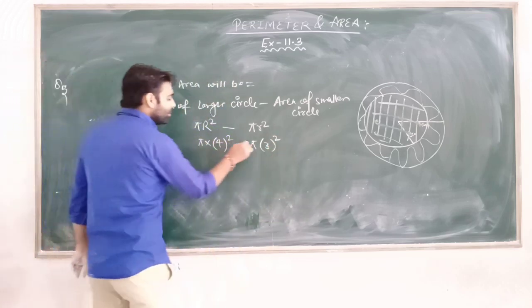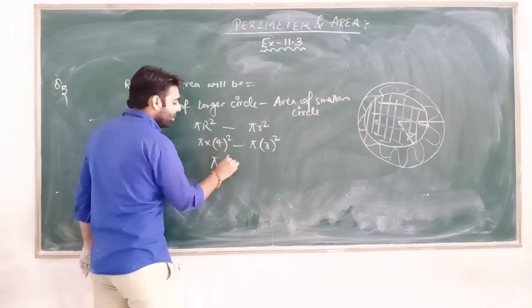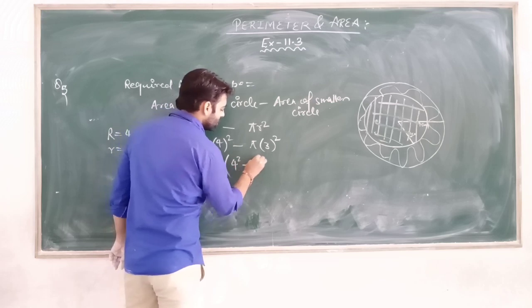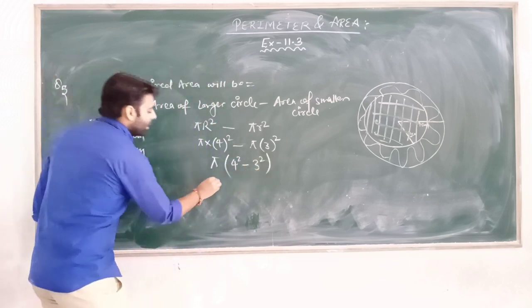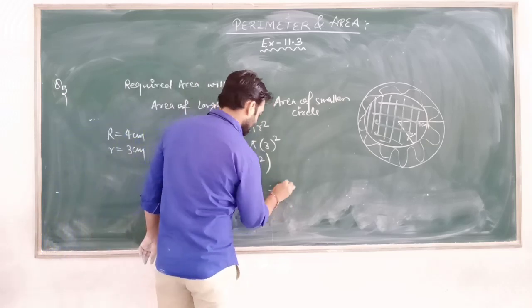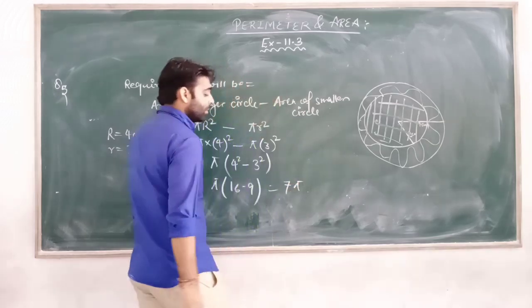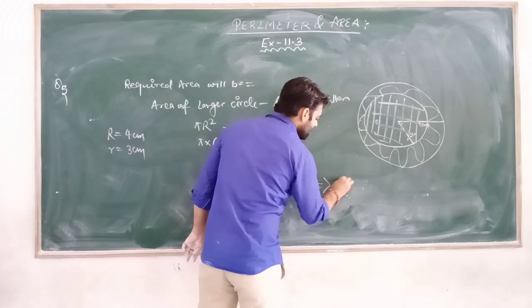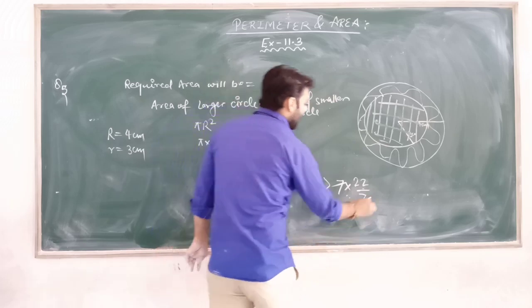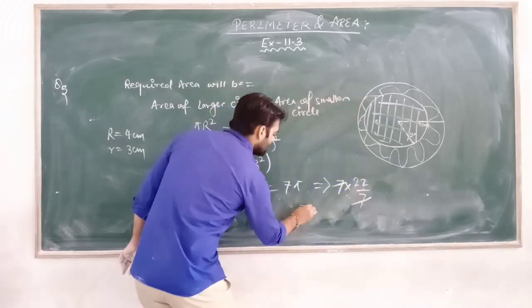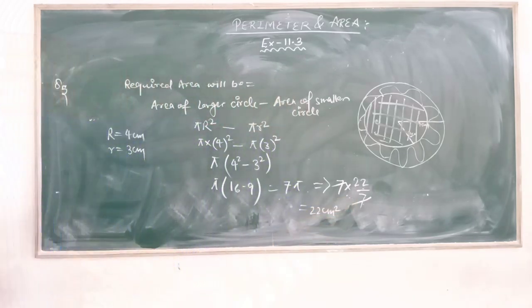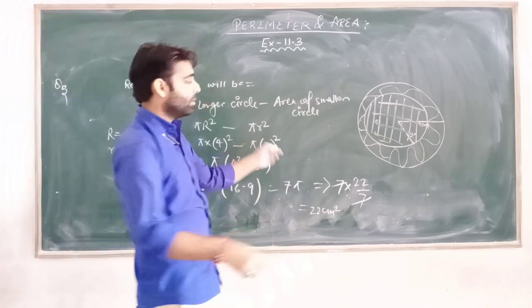Taking pi common, 4 square minus 3 square is 16 minus 9, which equals 7 pi. The value of pi is 22 upon 7, that will be cut, and the area will be 22 centimeter square. This is the required area of that portion.